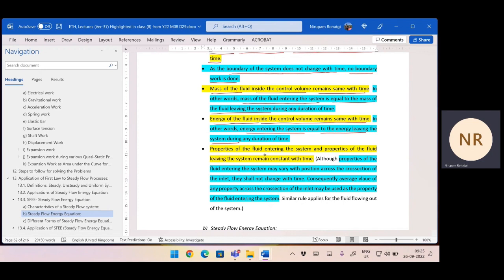So there is an inflow and there is an outflow. The properties of that should also remain constant. Whatever is entering, its thermodynamic properties, and whatever is coming out, its thermodynamic properties, should remain constant with time. Okay?